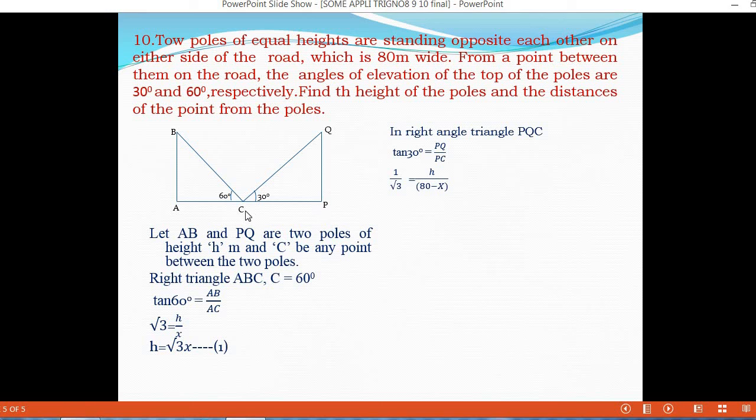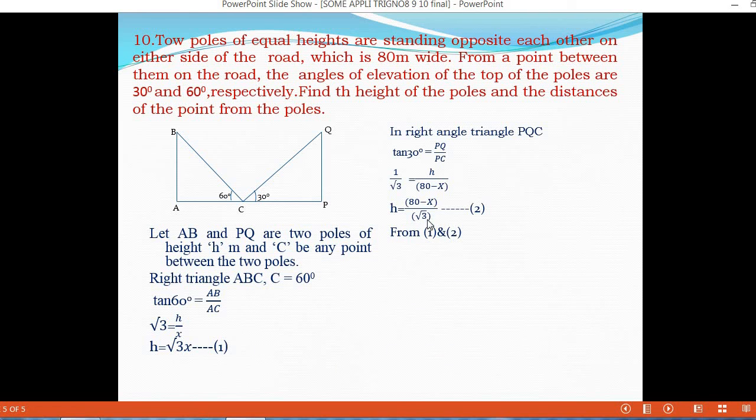So what is the length of PC? The length of PC is the total length AP, which is 80, minus AC, which is X. So H is equal to 80 minus X, by root 3.